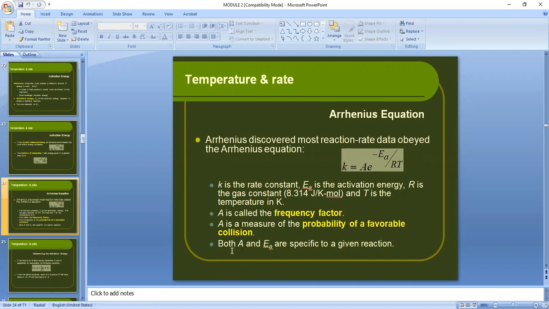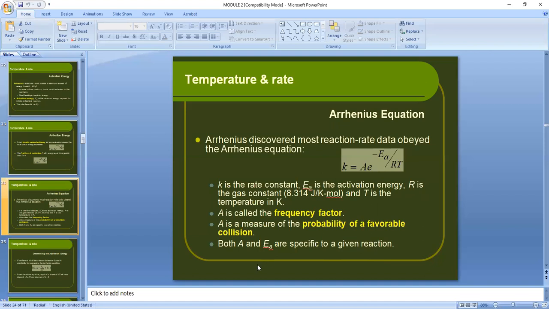Now, both this A, the frequency factor, and your activation energy are specific to a given reaction. What we mean by specific is that it's only true for that particular system, for that particular reaction. If we change the system, it follows that this also changes.